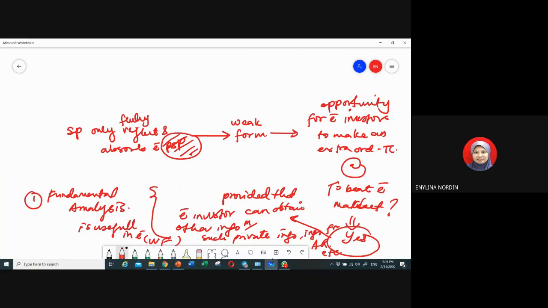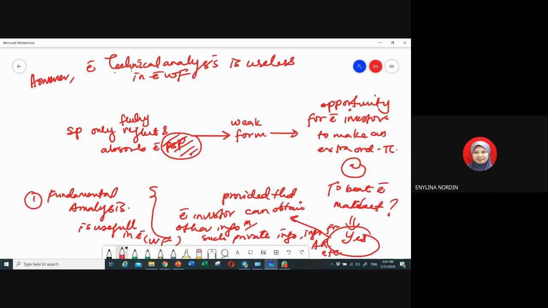However, technical analysis is useless in the weak form. Why is that? Because technical analysis is the study of the past stock prices. So there is no use for us to study these past stock prices anymore, because this past stock price information is already incorporated and absorbed into the stock price.